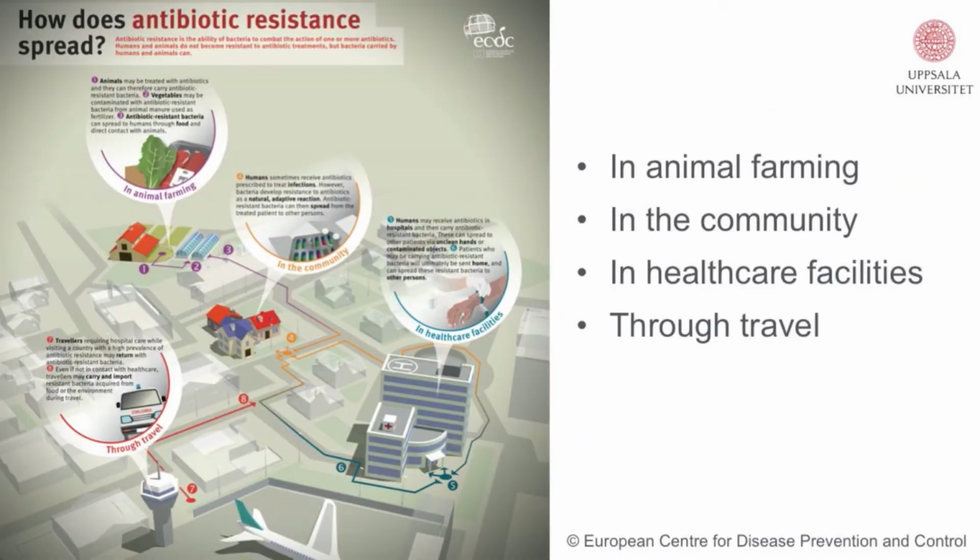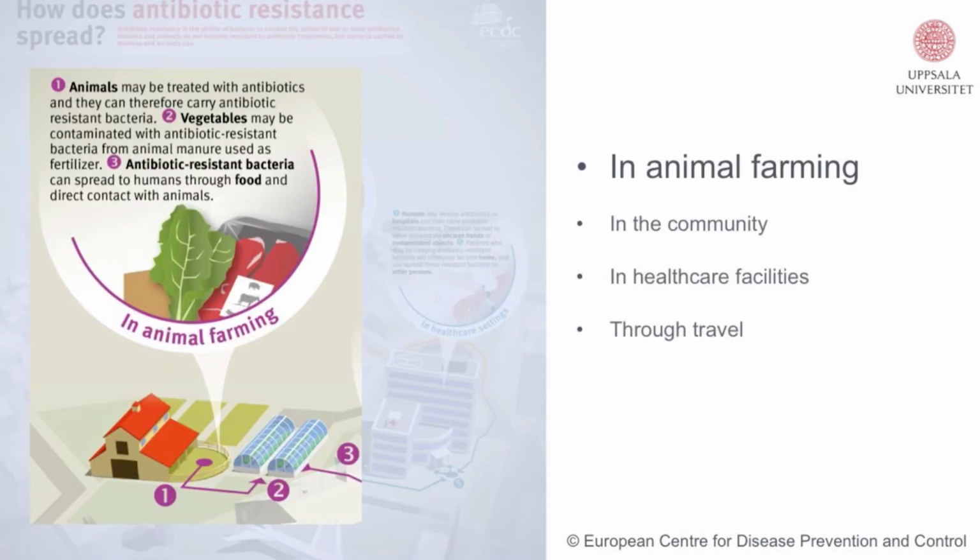This infographic by the European Centre for Disease Prevention and Control, ECDC, explains how resistant bacteria can spread. Point 1 to 3 describes the role of animal farming. Animals may be given antibiotics to treat or prevent disease, or to make them grow faster, and they can therefore carry antibiotic-resistant bacteria.